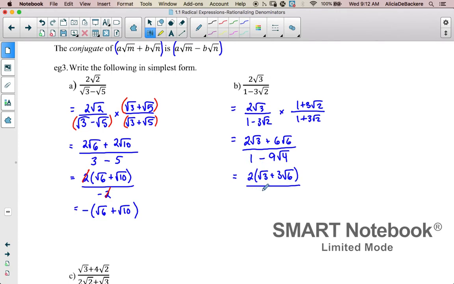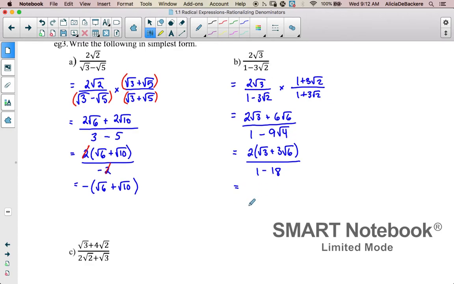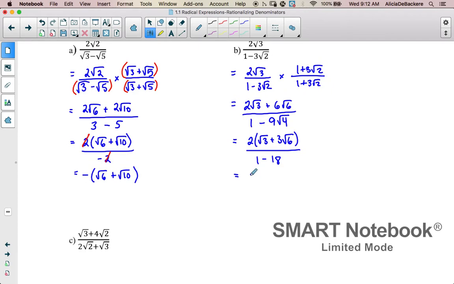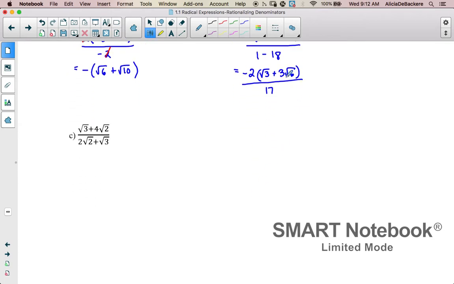And then in the denominator here, I've got 1 times 9 times root 4, so that's 9 times 2, or 18. And so altogether that gives me negative 17. Instead of writing the negative in the denominator, though, I'm going to pop it up to the numerator for simplest form. All right, so that one is done there.